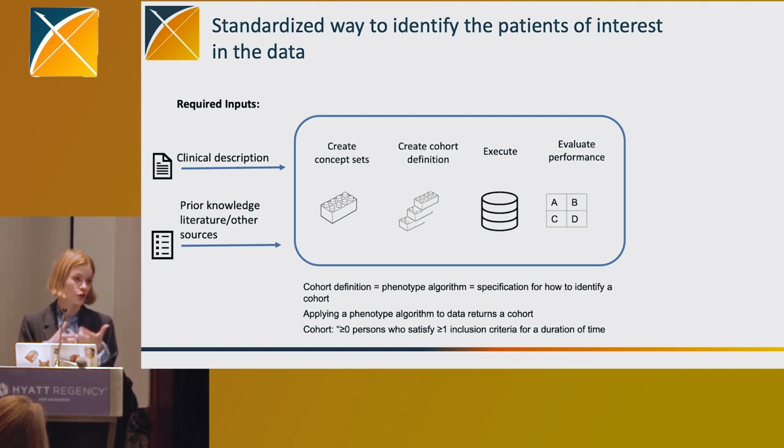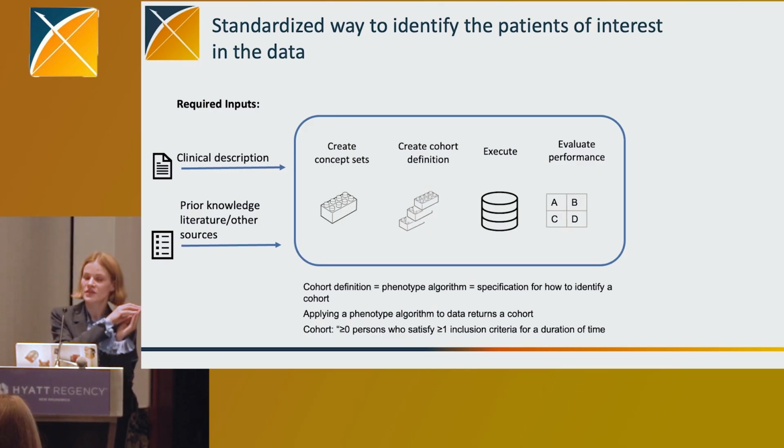Well, the cohort definition or phenotyping algorithm is the specification of how you find these patients. And the cohort not only needs to have codes like ICD codes, the cohort needs to have the entry event for patients upon which they enter the cohort.